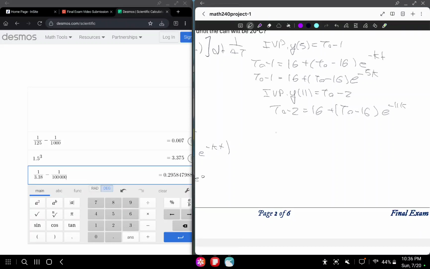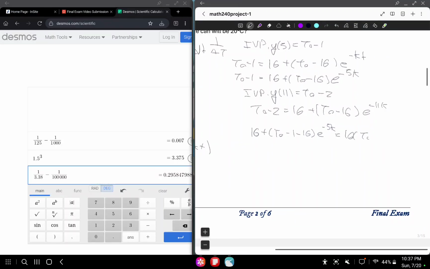Okay, so 16 plus T0. You want to know what T0 is? We need to find that. So T0 minus 1 minus 16 equals 16 e to the negative 5k, equals T0 minus 2 minus 16 e to the negative 11k.